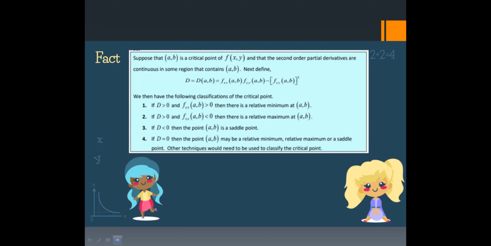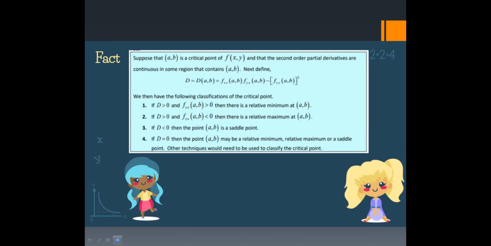Remember, however, that it is completely possible that at least one of the critical points won't be a relative extrema. So once we have all the critical points in hand, all we will need to do is test these points to see if they are relative extrema or not.